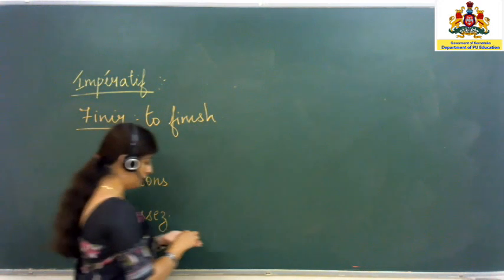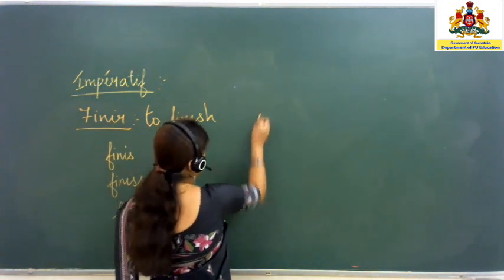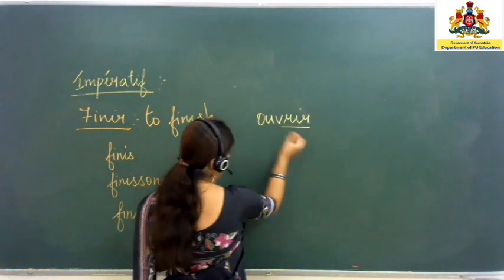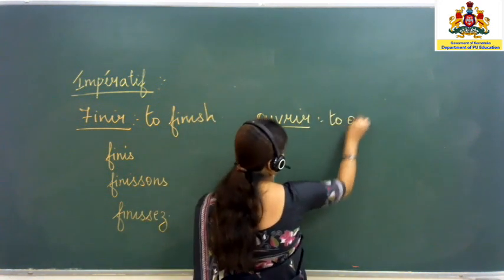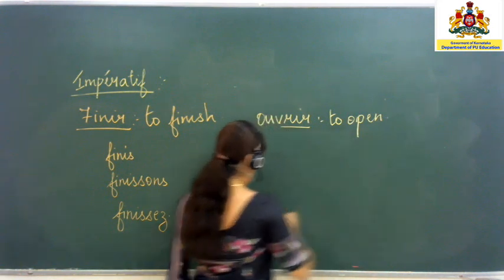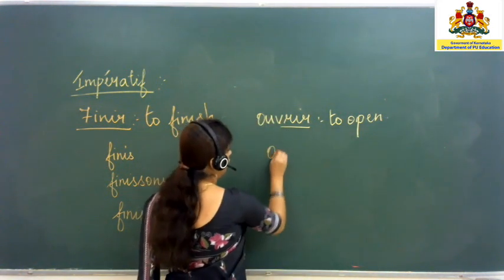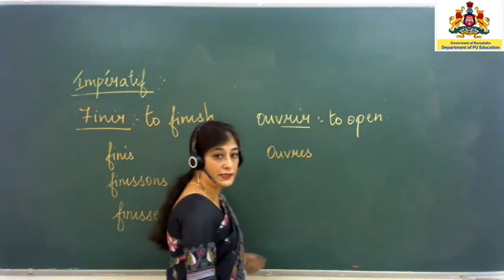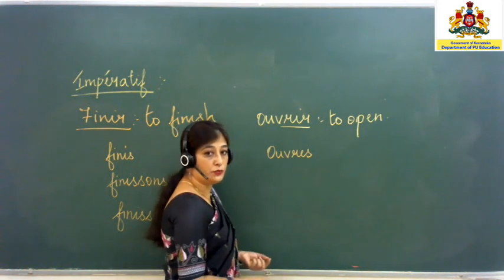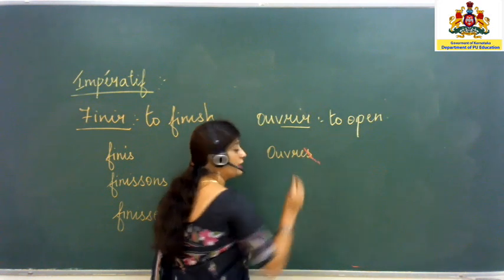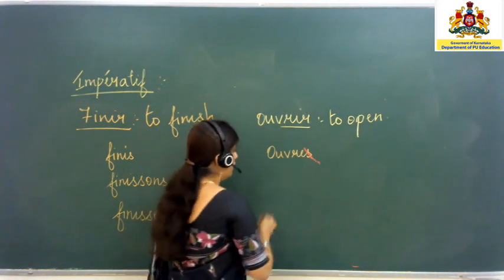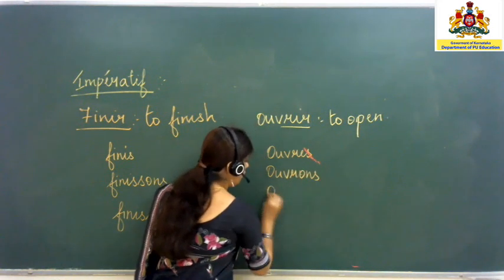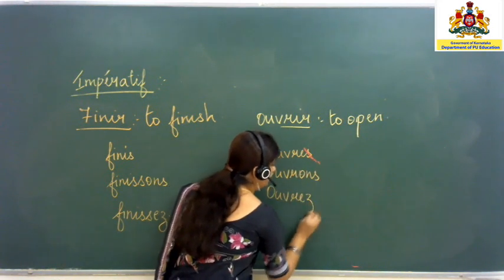Let's take another verb. Let's take the verb ouvrir. Ouvrir is an RIR verb. It means to open. So what is the imperative? Ouvres. But as my rule says, for RIR verbs, I should remove the S. So this S gets removed. Ouvrons. Ouvrez.